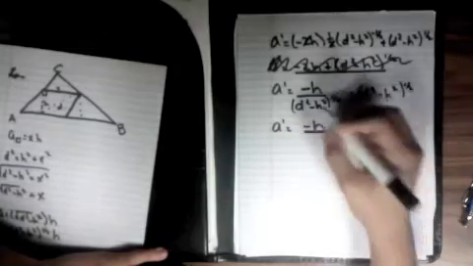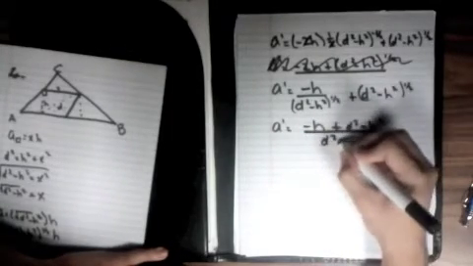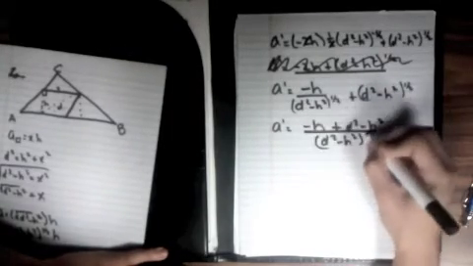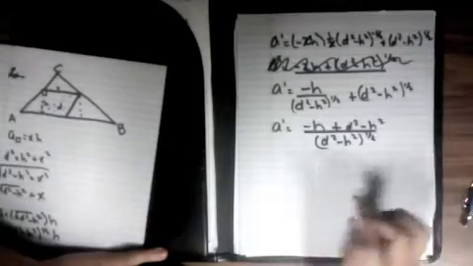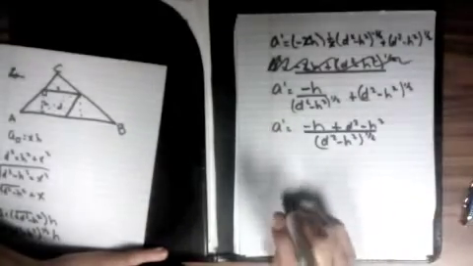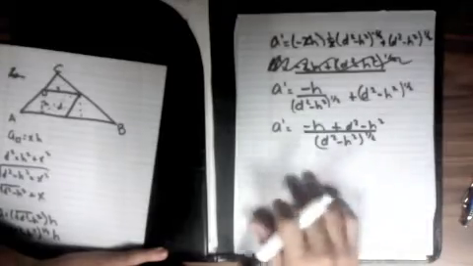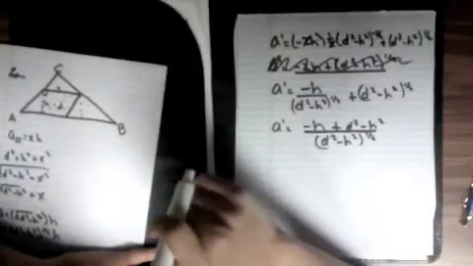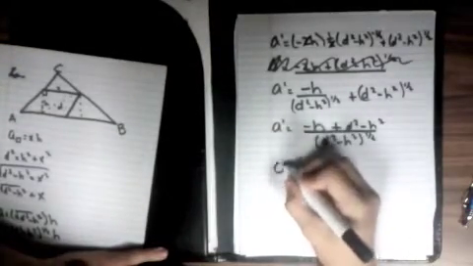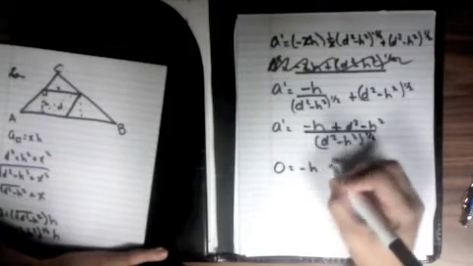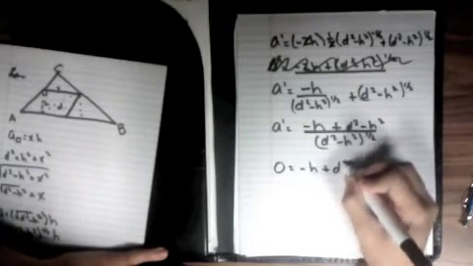We put this over the denominator, d squared minus h squared to the 1/2. To find the maximum area of the rectangle, we have to equate this to 0. So 0 is equal to negative h plus d squared minus h squared.